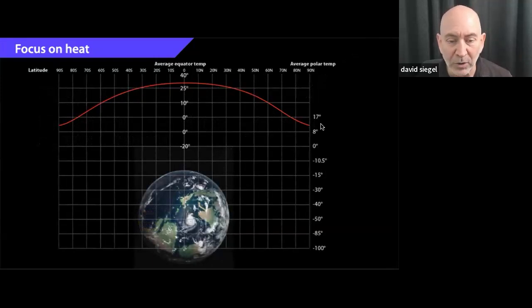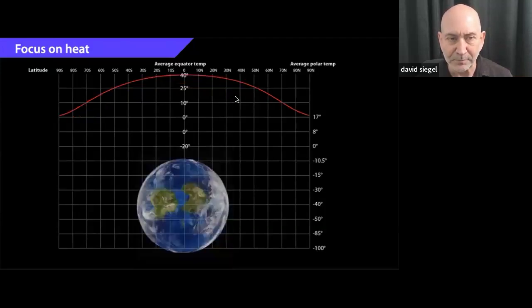There were no real cold places. There were mild seasons and not very many storms because storms are driven by heat differentials. This was the end of the Cretaceous, a very steamy, very wet, saturated atmosphere that would have been very cloudy as well.